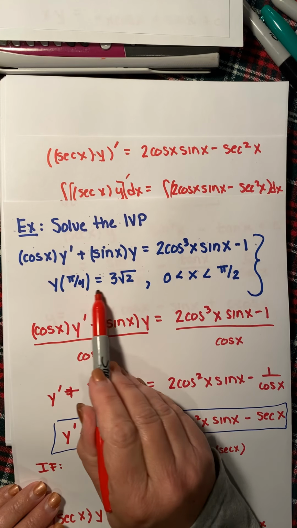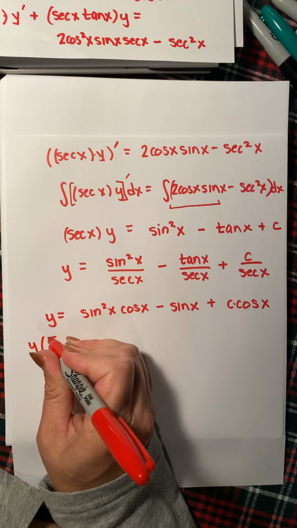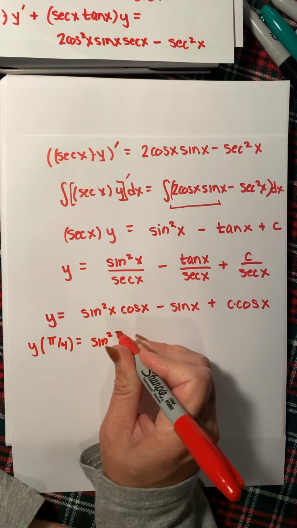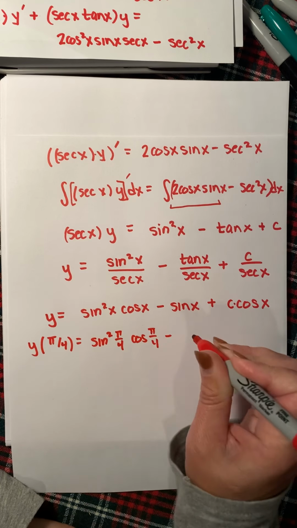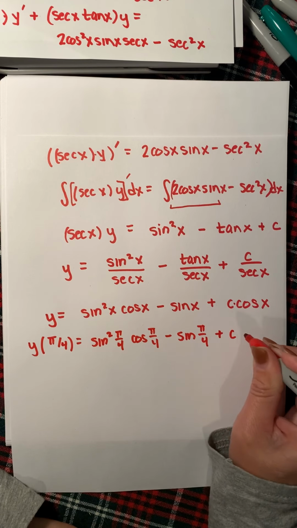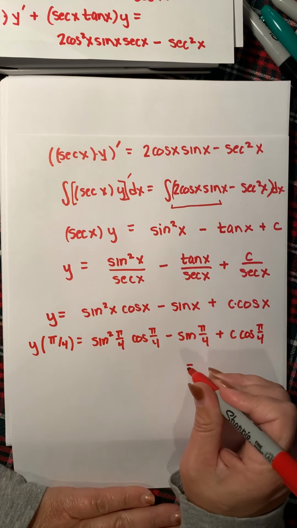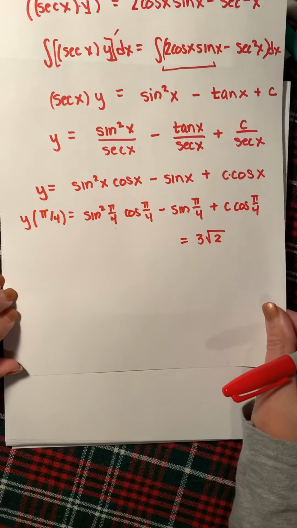I'm going to stick in pi over 4, and the output needs to be 3 square root of 2. So at pi over 4, we get sine squared of pi over 4 times the cosine of pi over 4, minus the sine of pi over 4, plus c cosine pi over 4, and that all needs to equal 3 square root of 2. And this does work out nicely.